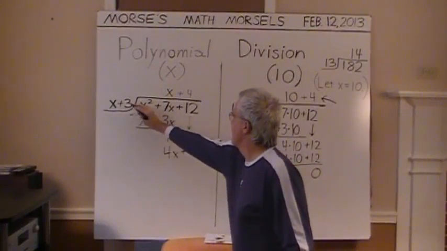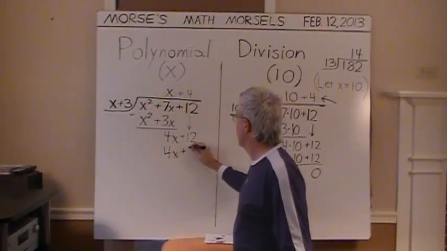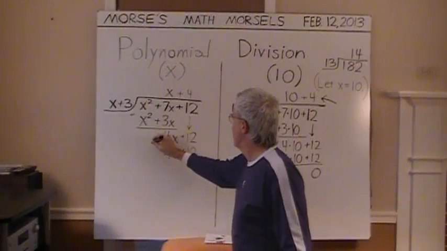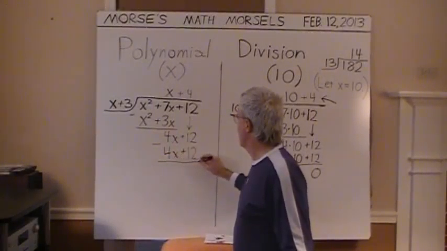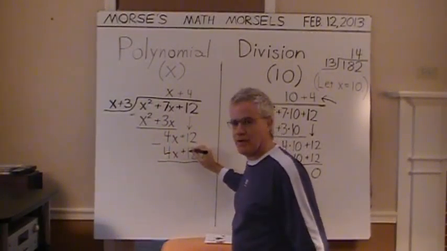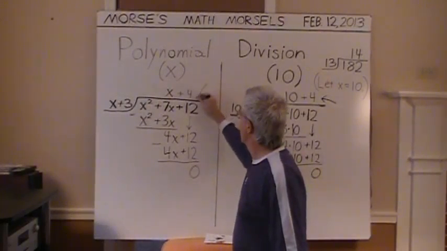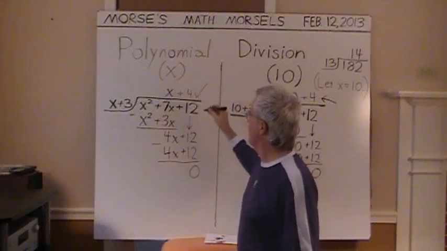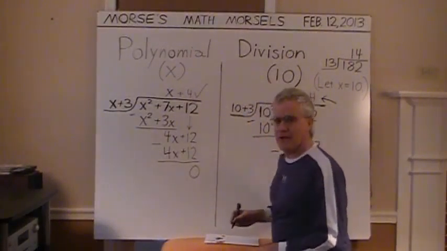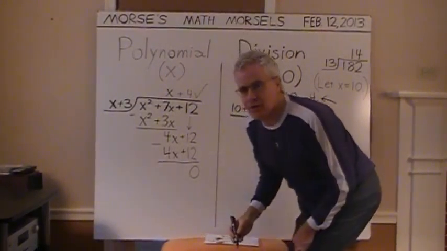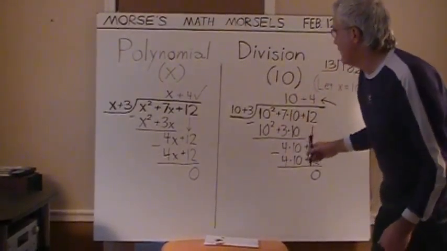And we need to multiply the 3 by the 4, and that's 12. And subtract that new expression. Oh, 4x plus 12 minus 4x plus 12 is 0. Well, there's our final quotient. Again, no remainder. And note the comparison of the x's on one side with the 10s on the other.